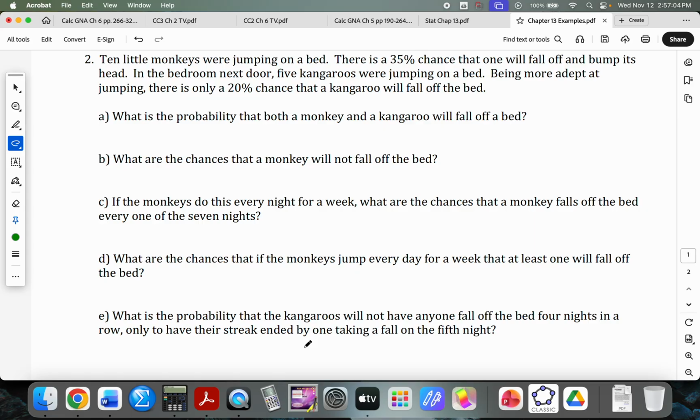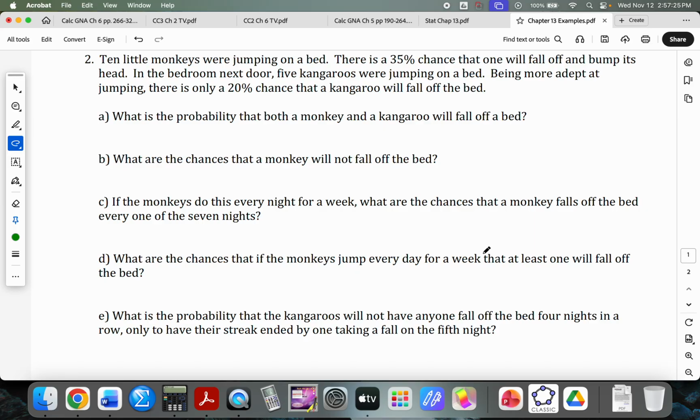All right. So can I read this one? You have to read it in rhythm. Okay. 10 little monkeys were jumping on a bed. There's a 35% chance someone will fall off and bump its head. In the bedroom next door, 5 kangaroos were jumping on a bed.